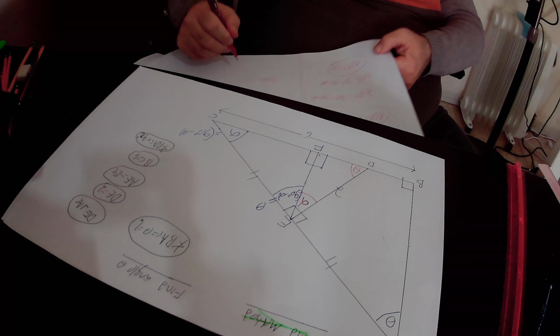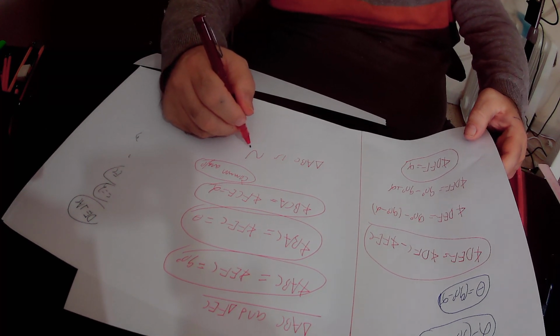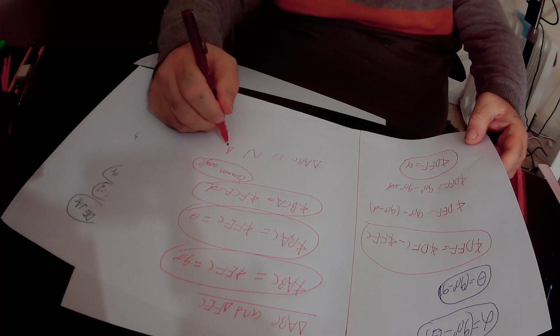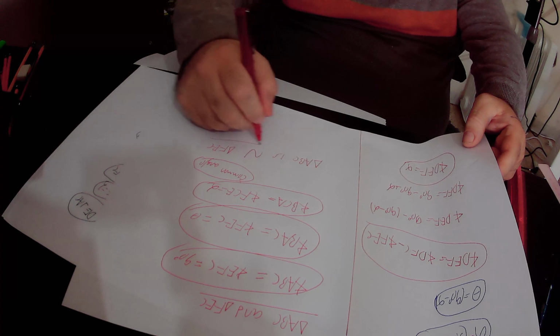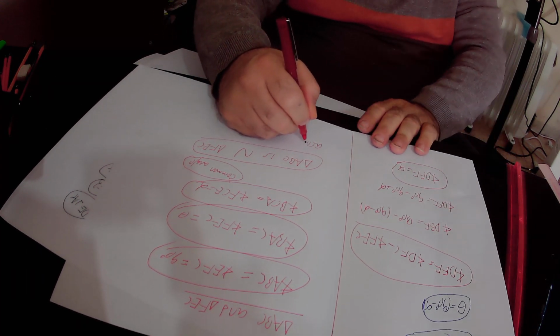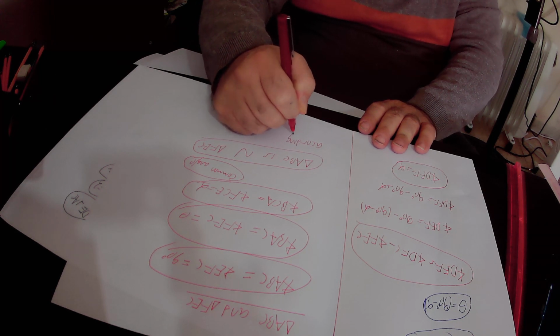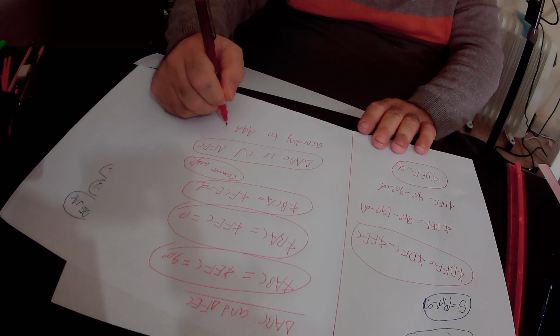So we can write down that the right triangle ABC is similar, this is the sign of similar, to the right triangle FEC, according to the angle similarity rule.